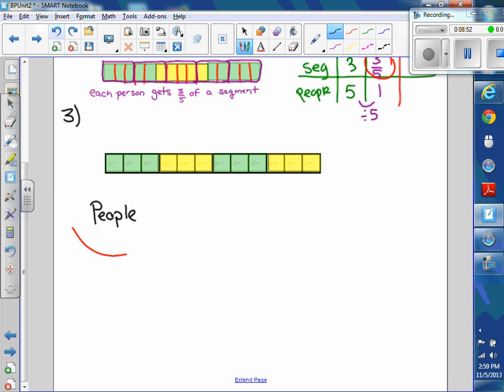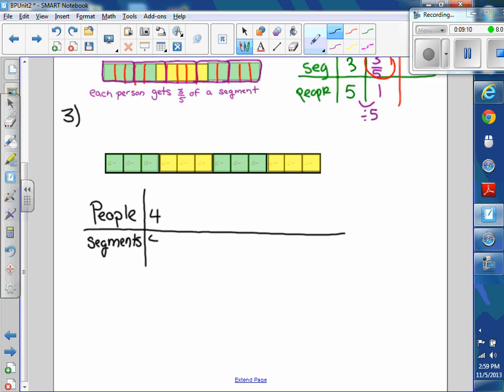let's pick some people, 4 and 6. You want to do 4 people? That's a pretty easy one, so we should start with an easy one. If there's 4 people, they're sharing 4 segments, right? Yes. So that's not such an interesting one, but it's important that you understand the basics, right?